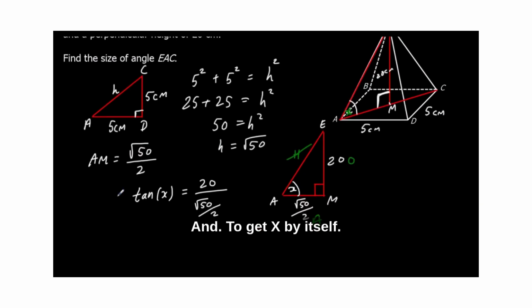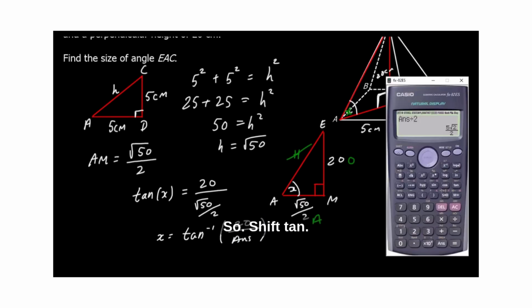And to get x by itself, we shift tan, 20 over our answer. So shift tan, 20 over our answer, and we've got 79.97, which makes it 80.0 degrees.